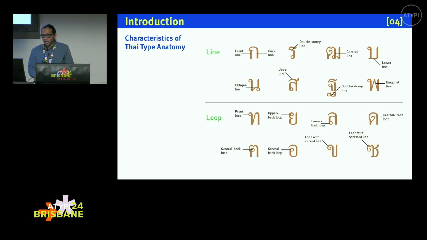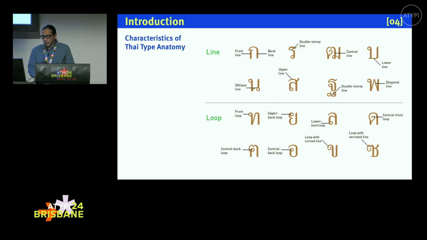The characteristics of Thai type anatomy consist of a line, a loop, a tail, a second loop, a foot, a beak, a limb, and a claw. Line characteristics of Thai type anatomy include front line, back line, oblique line, upper line, double story line, center line, lower line, double story line, and diagonal line.